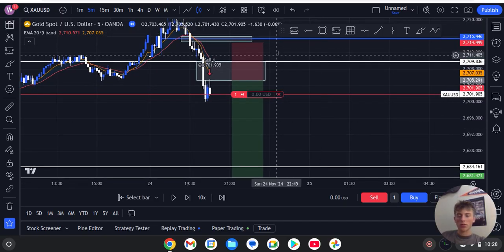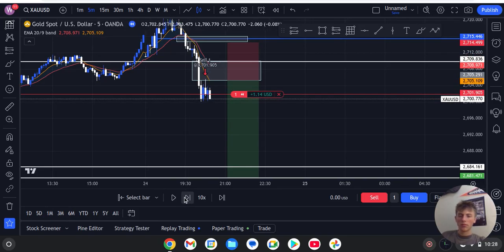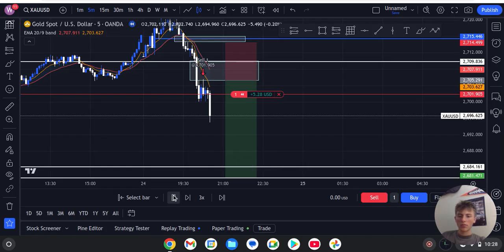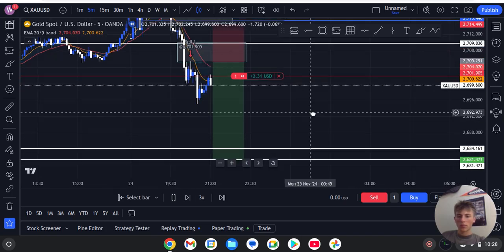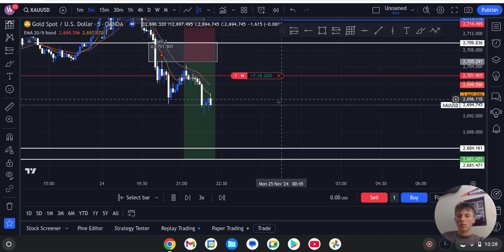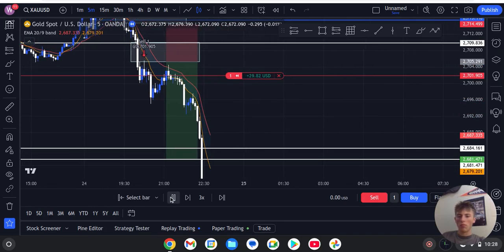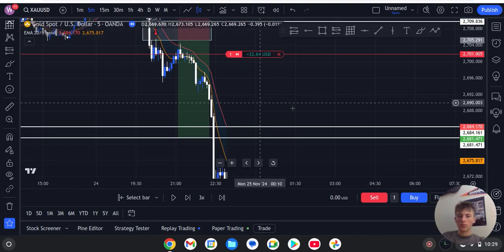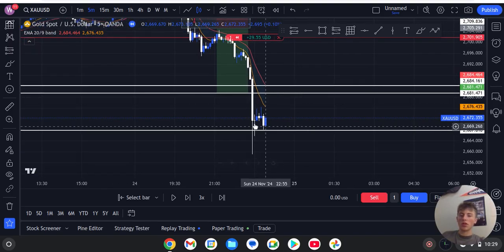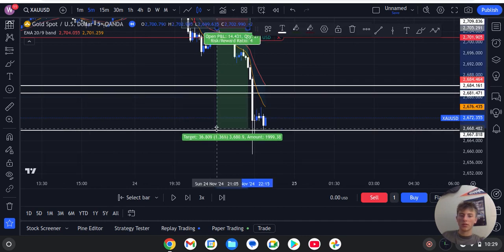Your stop is right here, risking 2% of your account. Let me just put this in. As you can see, boom, order filled, price dumps downwards, and continues all the way down to these lows. You could have had your take profit down here at this low, targeting a 1 to 4.